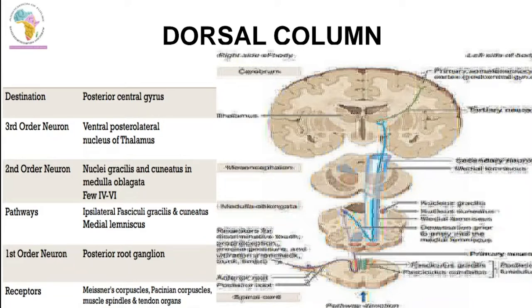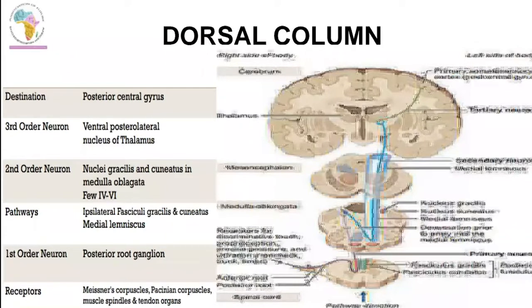In the dorsal column, there is a somatotopic arrangement of two areas that we have to be aware of, which are the fasciculus gracilis and the fasciculus cuneatus. The fasciculus gracilis is more medial, and the fasciculus cuneatus is lateral.